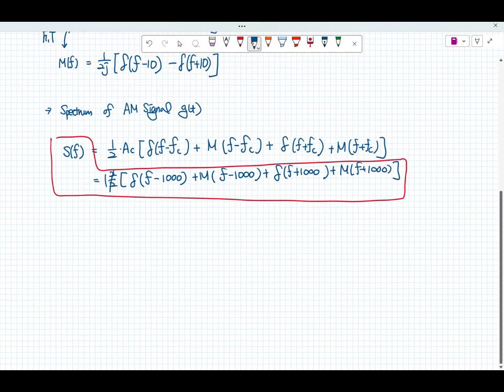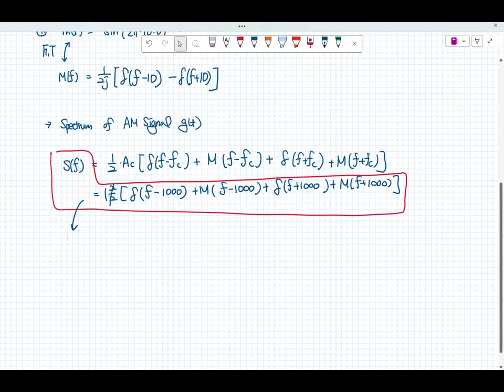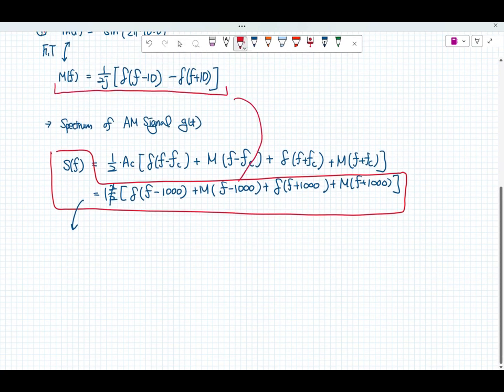Now question two. Oh, by the way, I have a missing step. We needed one more step, I'm sorry. I'm going to use another color. M of f, we have to put inside.